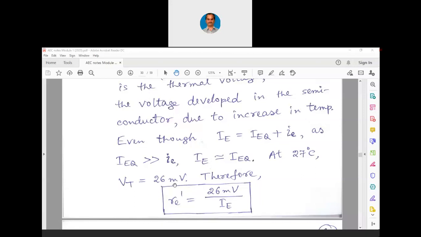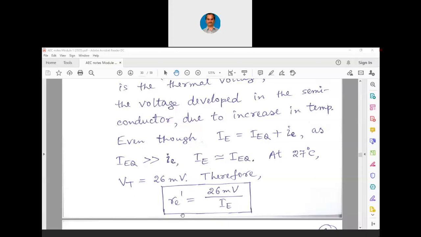Therefore, we can simply write RE dash equals 26 millivolts divided by IE. We will be knowing the value of IE. So we can easily represent the dynamic resistance of the emitter simply by writing this formula, 26 millivolts divided by capital IE. Now our life became much simpler.